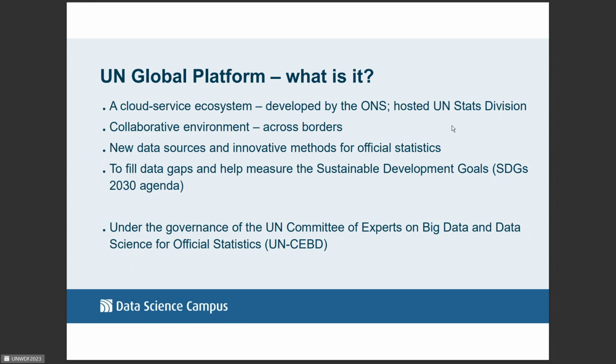There are some new data sources on the platform, and it offers innovative methods for official statistics. It was originally created to help fill some data gaps and help measure the Sustainable Development Goals for the 2030 agenda. It's under the governance of the UN Committee of Experts on Big Data and Data Science for Official Statistics, which has all of the task teams.